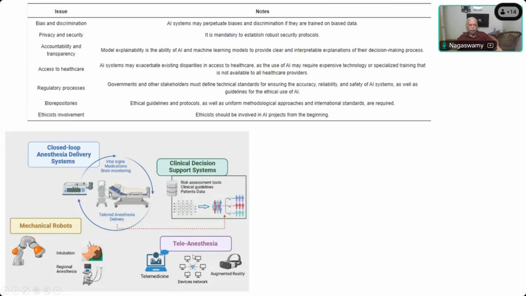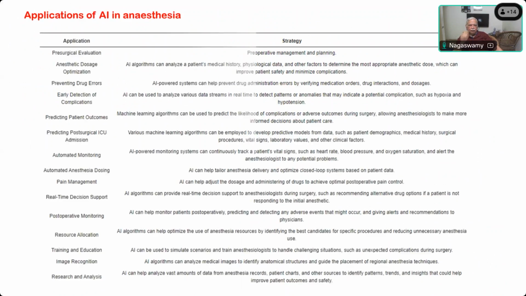With the telemetry system which is available, you can monitor all the patients and reduce the need for employing too many people. And the applications in this particular slide, you will be able to see all these things. Pre-surgical evaluation, that is, pre-operative management and planning, can be done by the AI system.